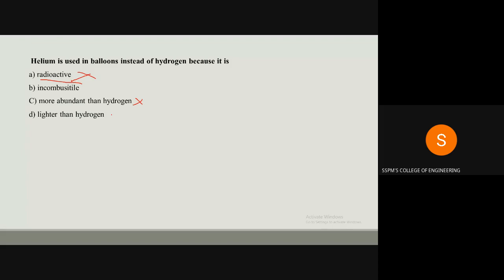Lighter than hydrogen is also incorrect. The correct option is incombustible. Incombustible means it does not burn. Hydrogen can be burned, but helium cannot be burned. Hence, incombustible is the more correct option.